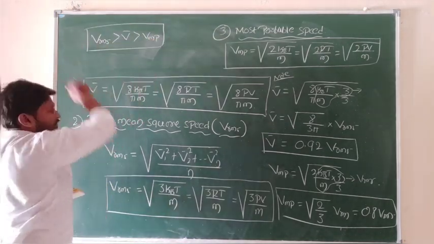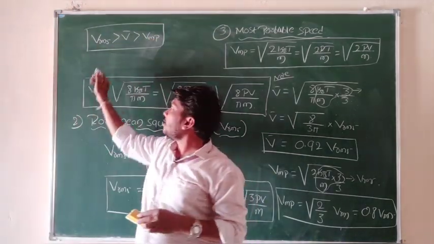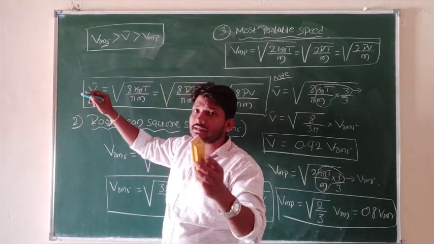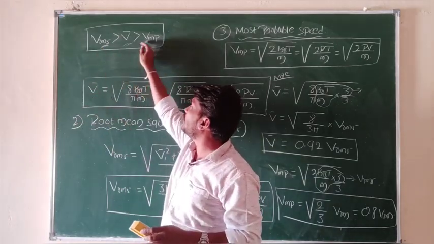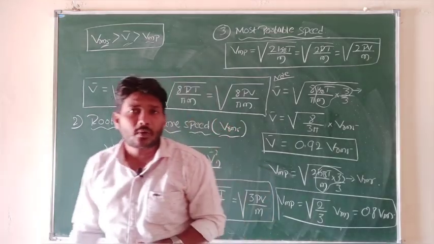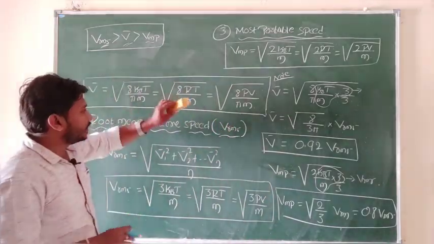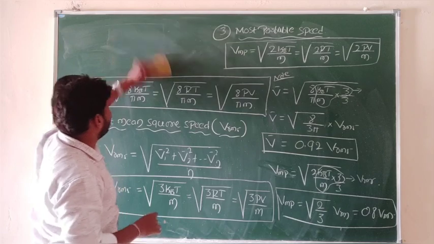So out of these three, the VRMS value is greater than both average speed and most probable speed. So hope you get this. We'll go for the next thing.